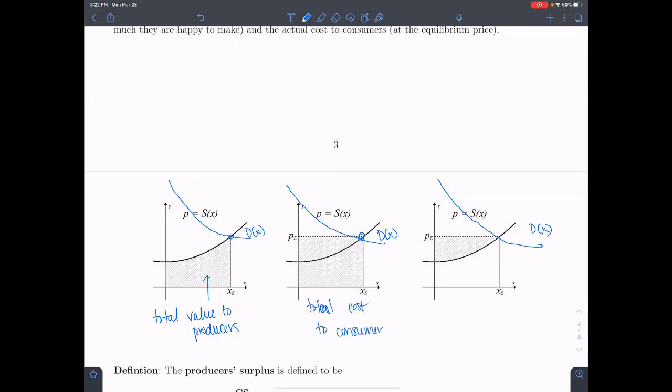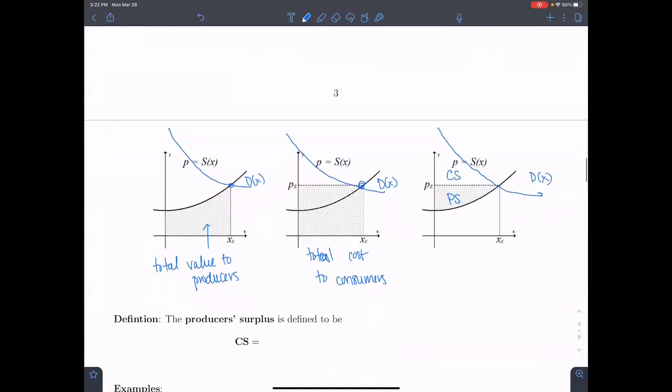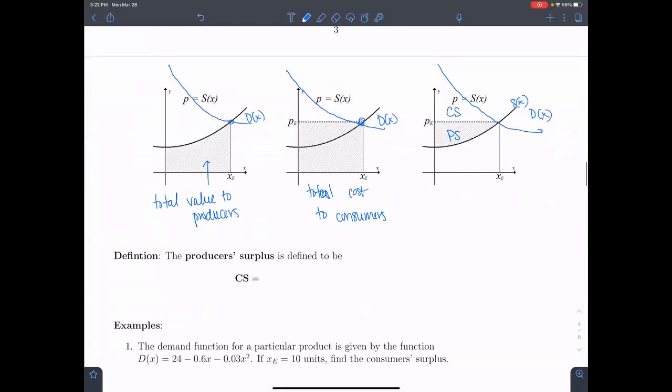And then this last box here, so remember the consumer surplus is up here, this is the producer surplus, this area here between that equilibrium spot and the supply curve. This is S there. So that region is producer surplus.